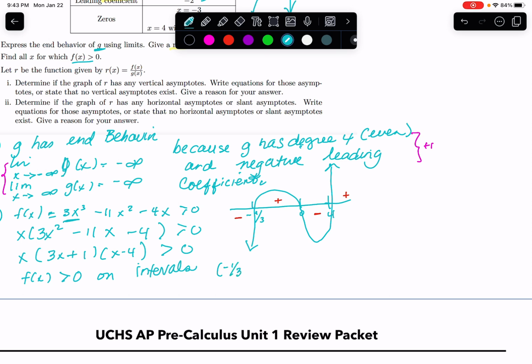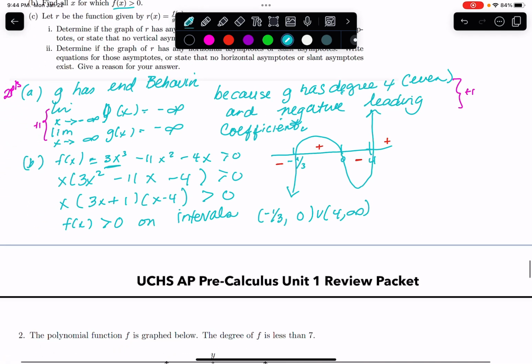Negative 1/3 to 0, and 4 to infinity. Okay. Looks like I got negative 1/3 to 2. Did I do something wrong with my zeros? Let's see. Hang on a minute. No, that's right.